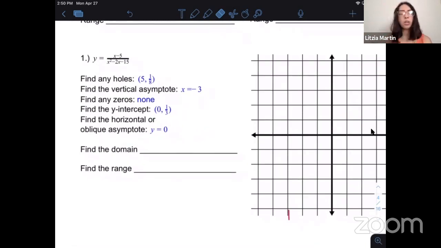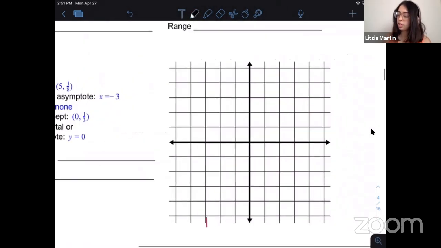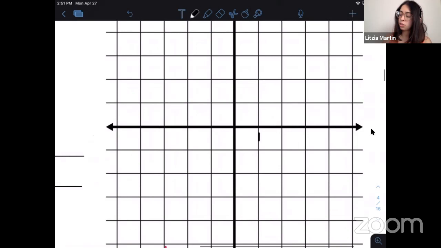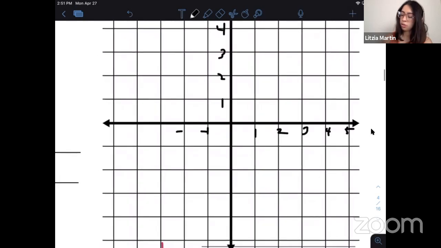We've already done all the hard work of finding the holes and the asymptotes, so we're just going to graph here. I'm going to label really quickly, we're just going to go by one. So 1, 2, 3, 4, 5, 1, 2, 3, 4, 5, -1, -2, -3, -4, -5.